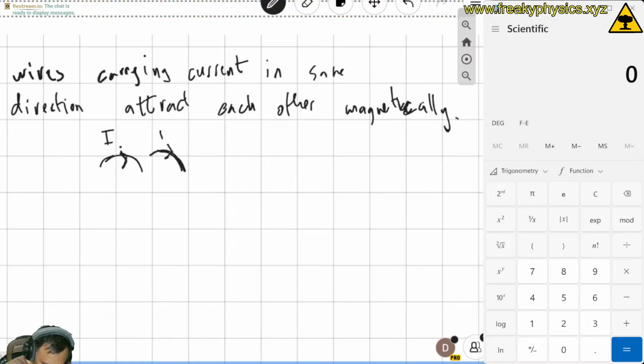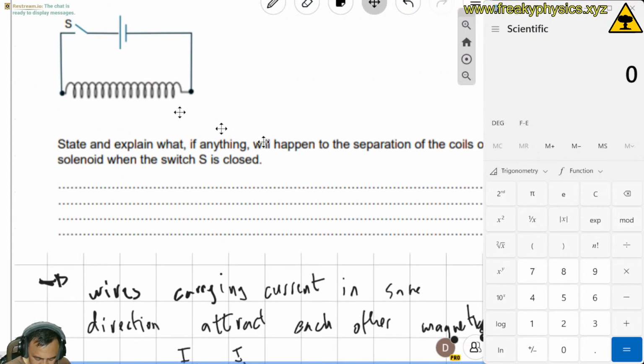And we can easily say that because of the way the solenoid is set up, it's going to carry current from the battery going left, then down, then through the coils like this. So you can easily see why those sections at the top of the solenoid are carrying current in the same direction.